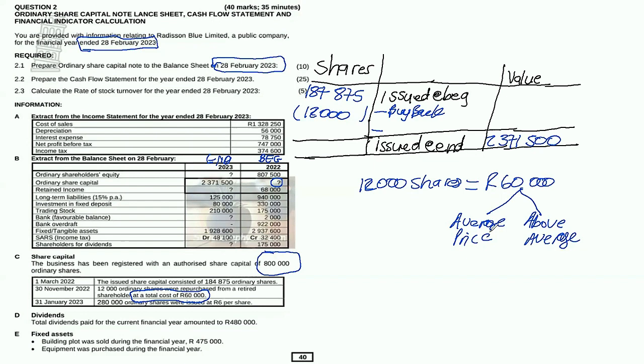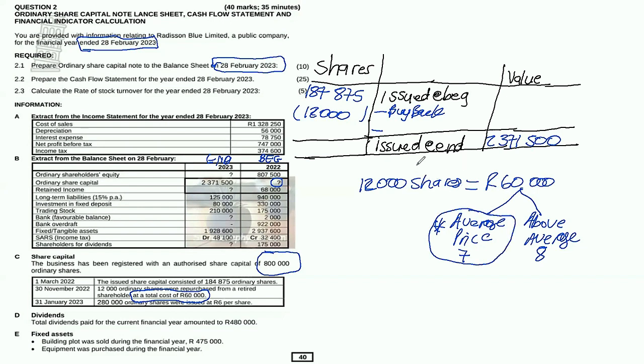So now that we are doing ordinary share capital, it consists of our average price. So this will be note number 7, and then above average will be your retained income, which is note number 8. So now you need to calculate your average price.